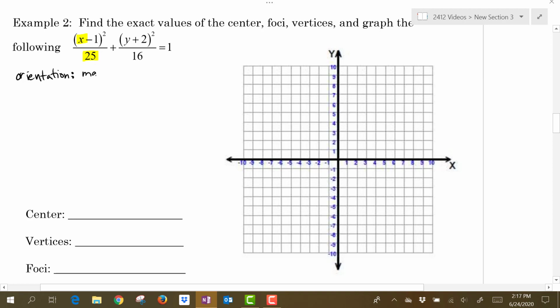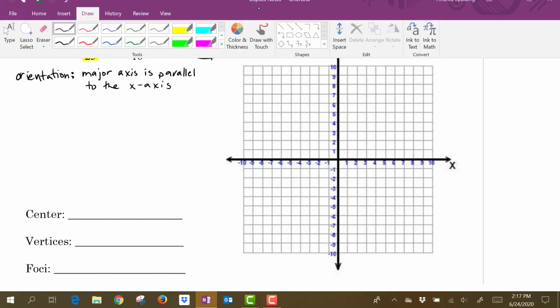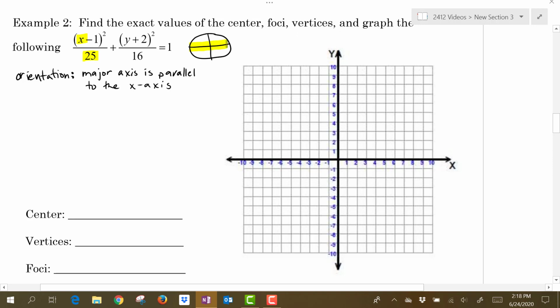So the major axis is parallel to the x-axis. Alright, so I'm just going to draw a little picture for myself and highlight that that is the major axis.